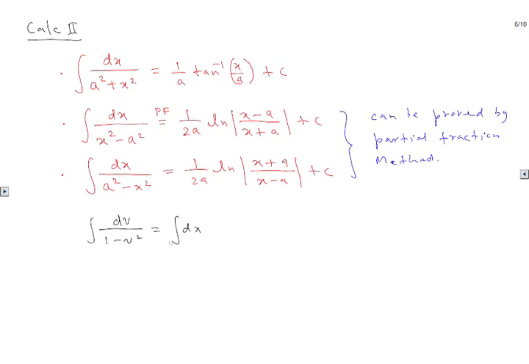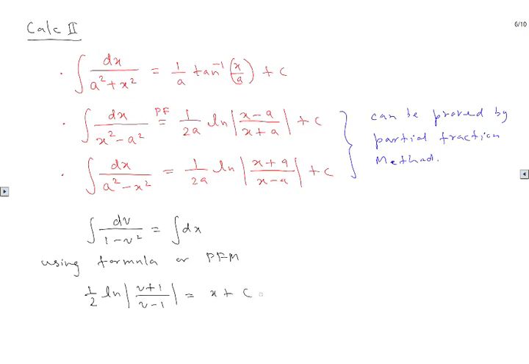Using the formula or the partial fraction method, one of them, you end up getting 1/2 natural log. This is the 1 minus case, so the plus 1 comes to the top, so it's v plus 1 over v minus 1 equals x plus c.